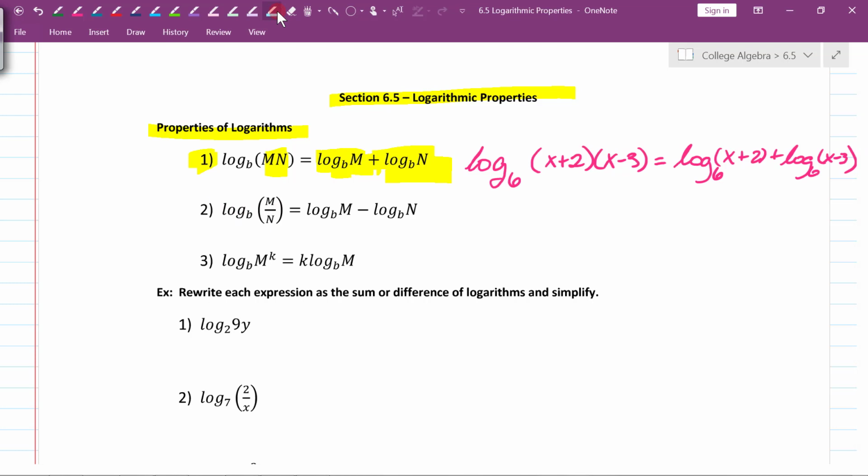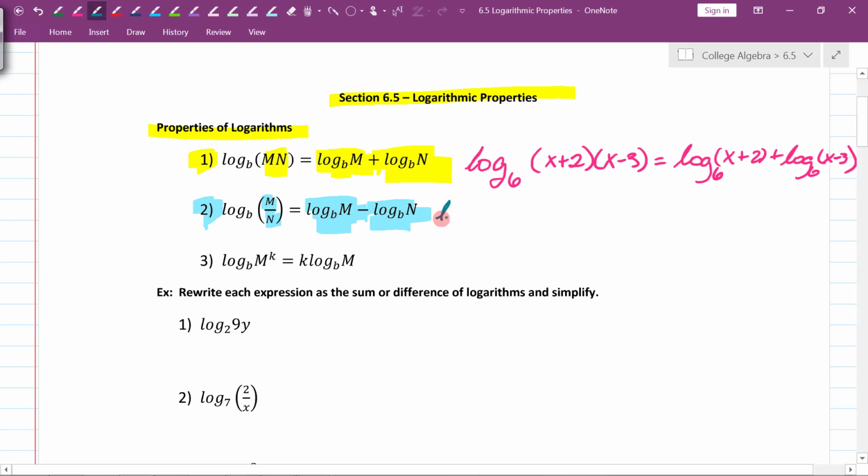Part 2 here, property 2. This is log base b of m divided by n. Again, two factors. One factor divided by another factor is equal to log base b of factor m subtract log base b of factor n.